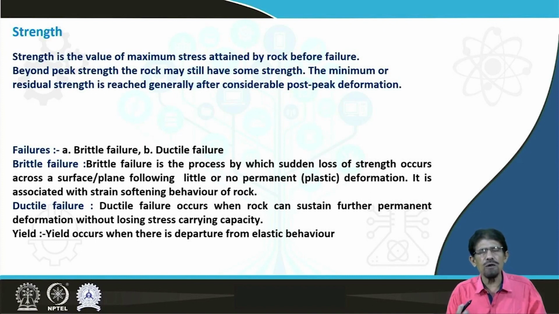If we look at the failure of rocks in view of brittleness, then we can say that the failure of rocks occurs principally in two modes. One is brittle failure and another is ductile failure.